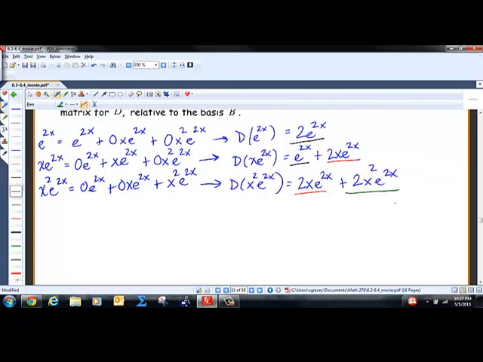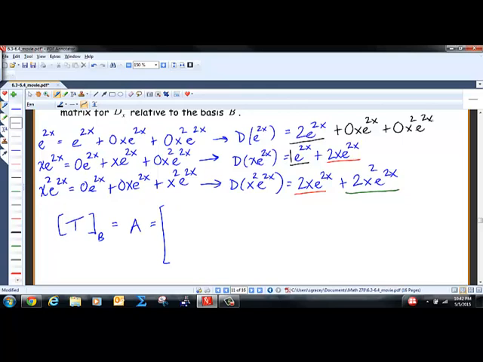So basically our matrix under the transformation relative to B is going to be A, good, which is, so now if we kind of fill this in, we have plus 0x e to the 2x plus 0x squared e to the 2x.